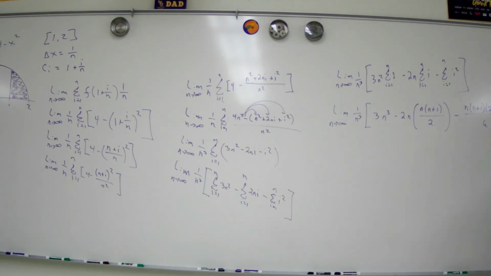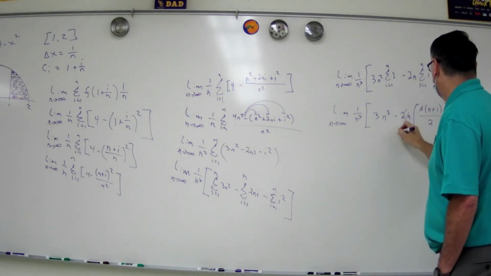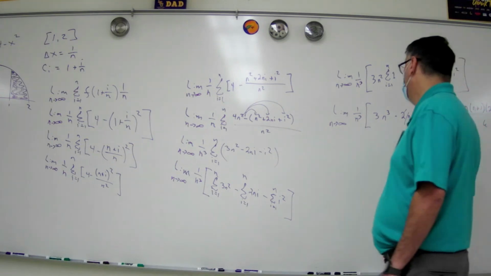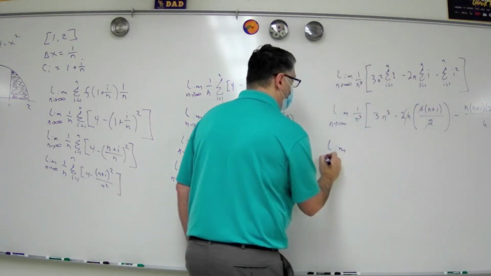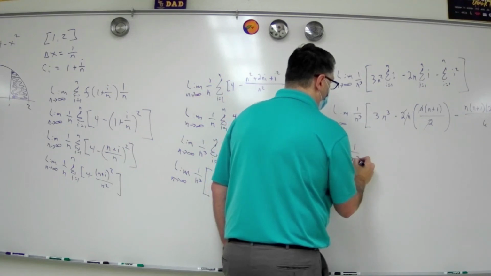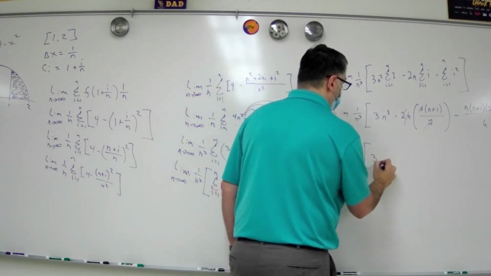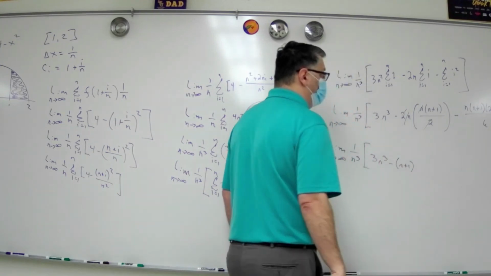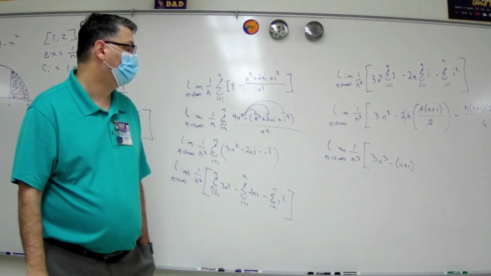All right, let's simplify. This n goes away, this 2 goes away. So that leaves me an n plus 1. But I still have this pesky thing to deal with. Wait, nope.